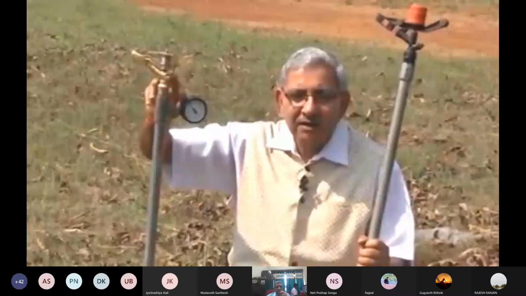Both nozzles will be operated to know how much discharge we are getting at a given pressure. From that data, we will also find out the coefficient of discharge, because we know the operating pressure, we know the discharge, and we know the value of g, so we can find out the coefficient of discharge.